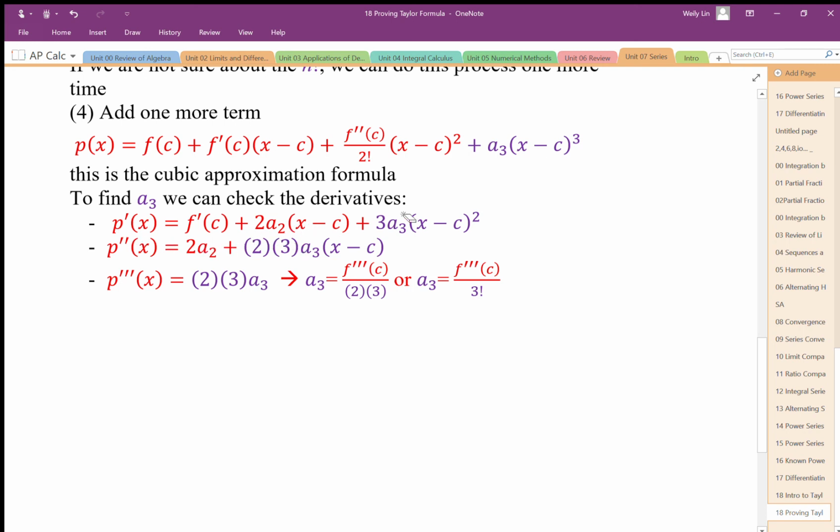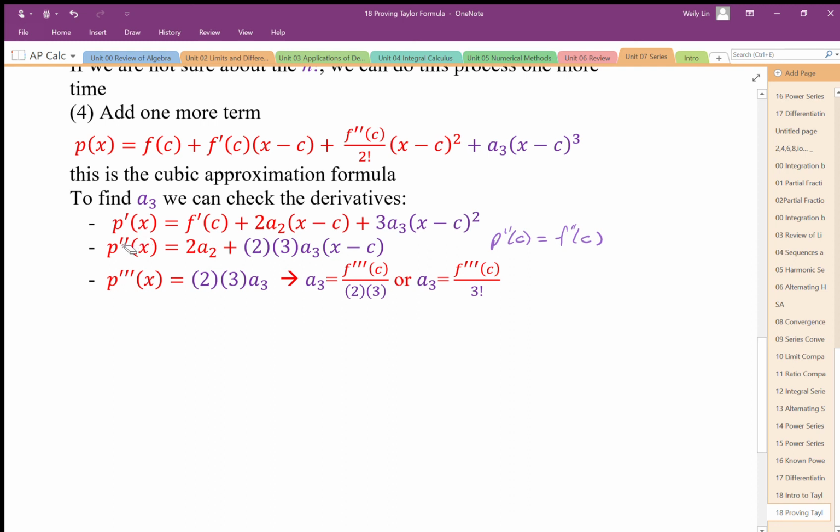Can you see how that 2 times 3 is showing up? Then we can check the second derivative: p double prime at the center c should equal the second derivative of f at the center.